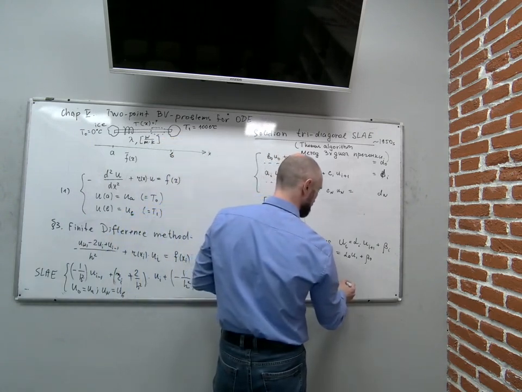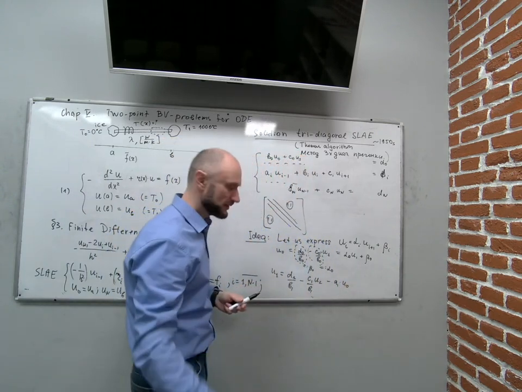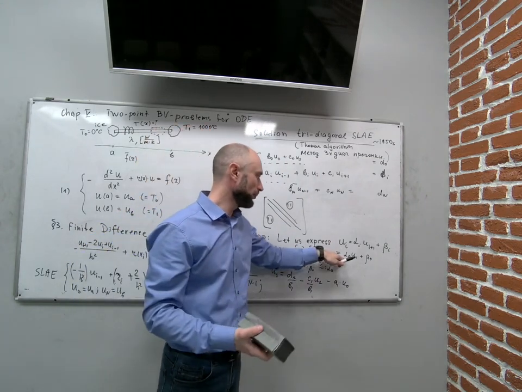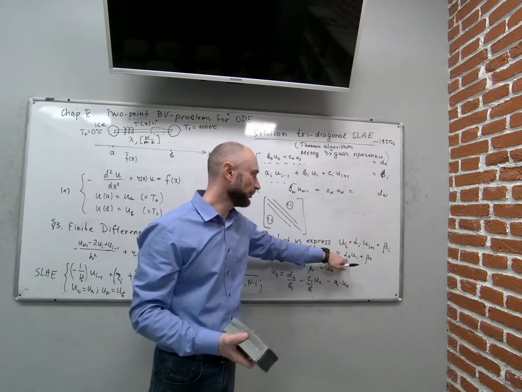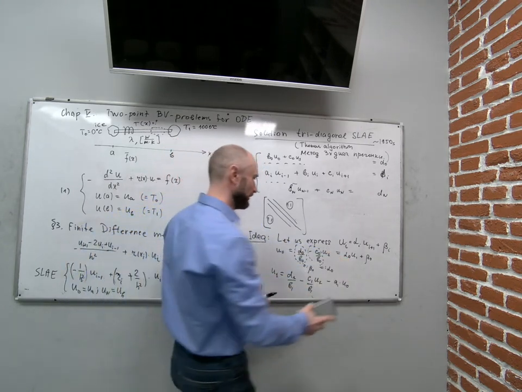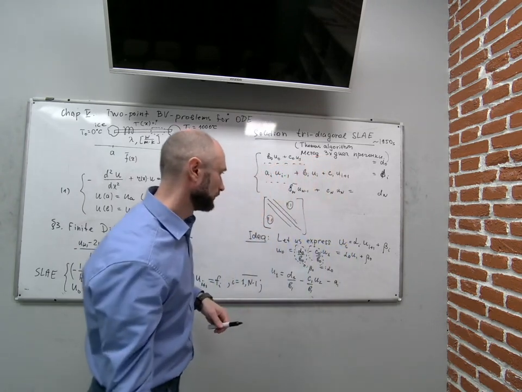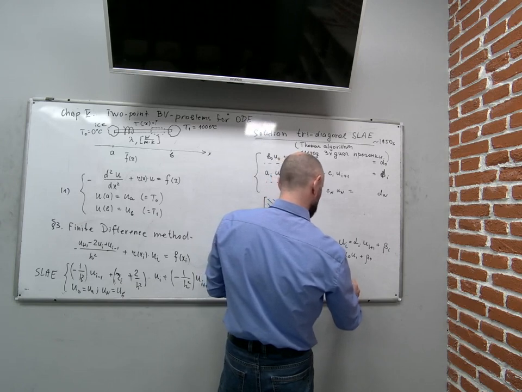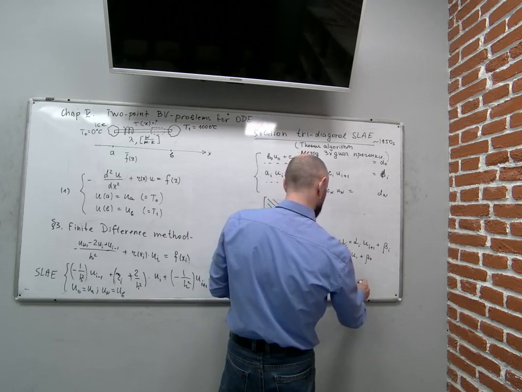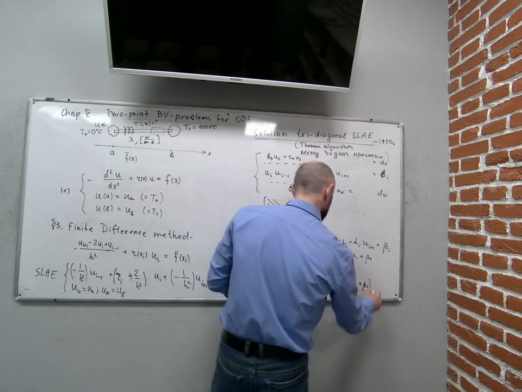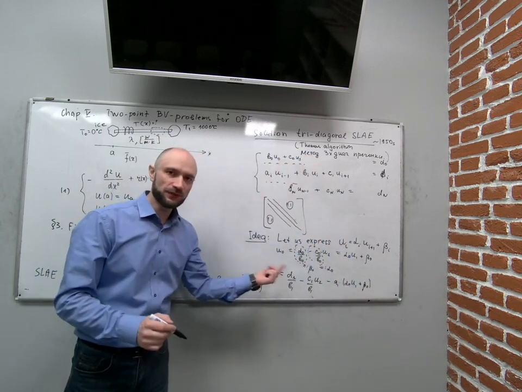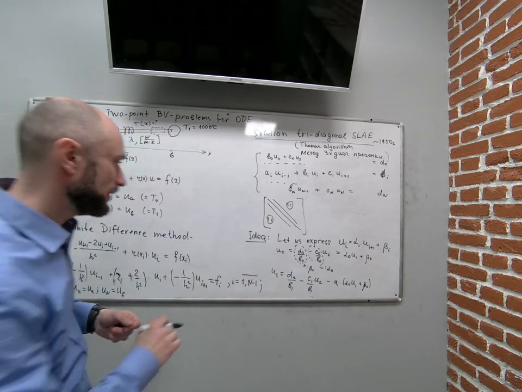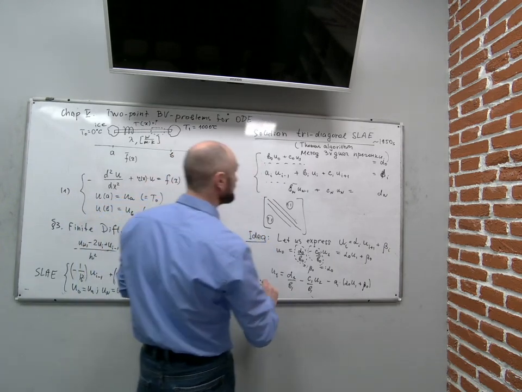But instead of u0, I will put its expression through u1. So alpha 0 u1 plus beta 0, and I can express u1 from this relation.